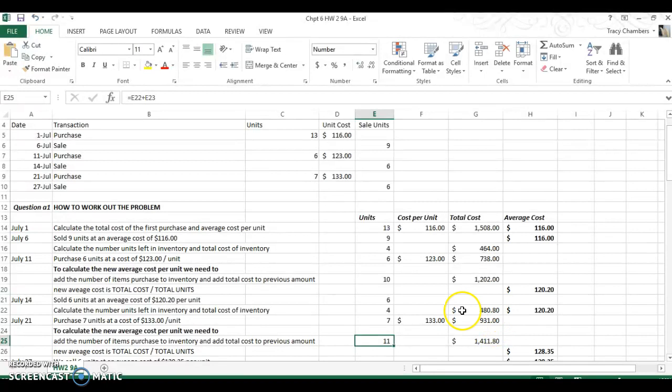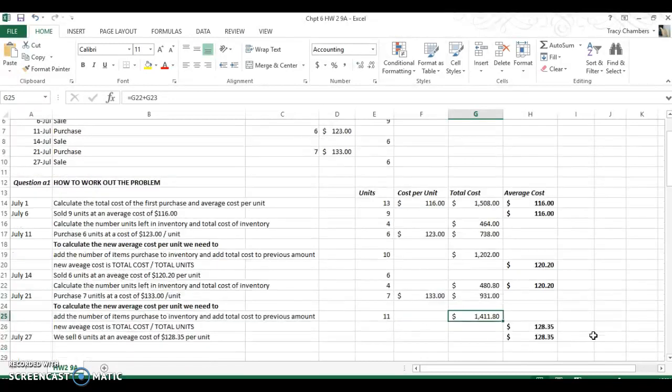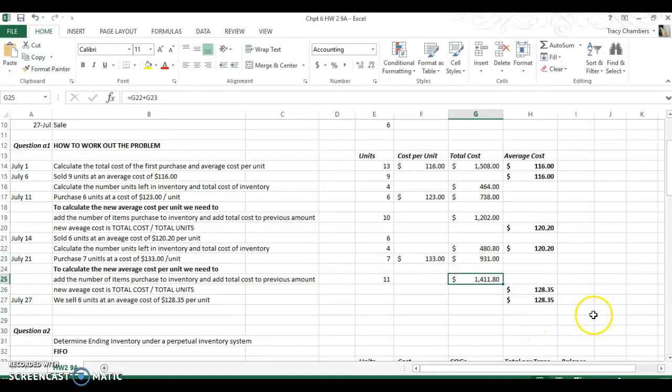We take the total cost of the 4 that we had, we add the total cost of the 7 that we've added to it, which gives us a new total cost of $1,411.80. To get our new average cost, we take our total cost divided by our units, which will give us our new average cost.